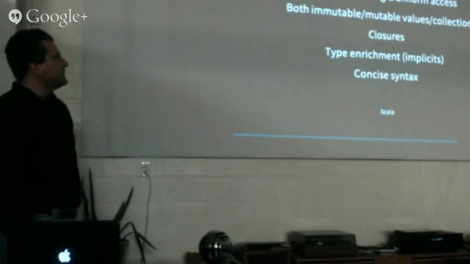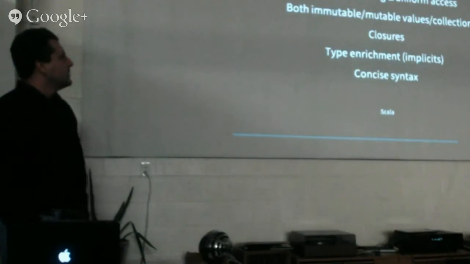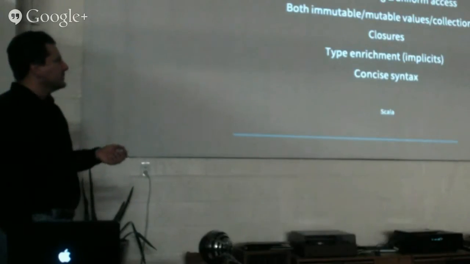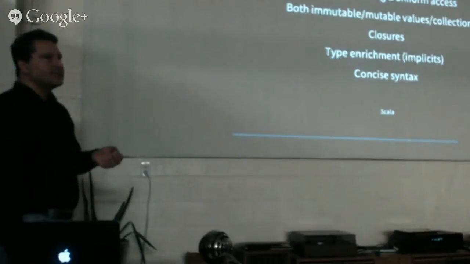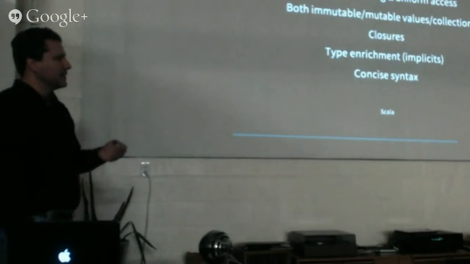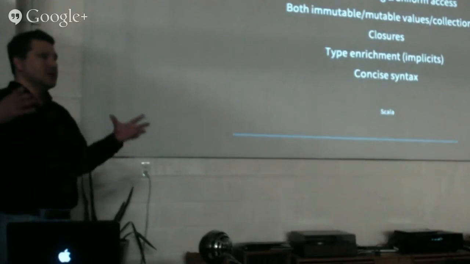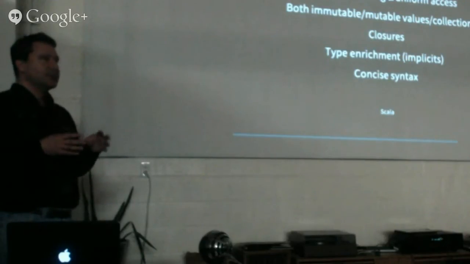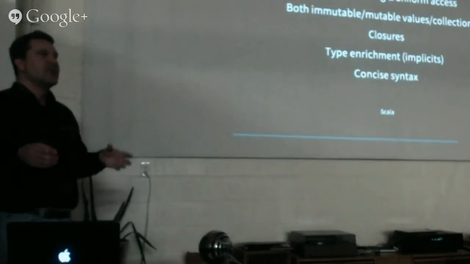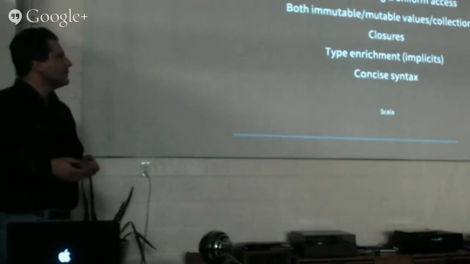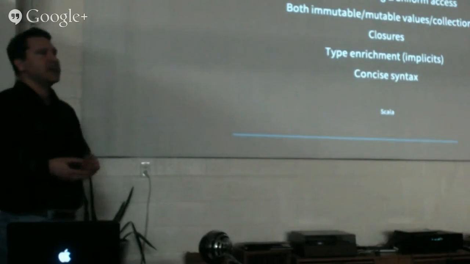I won't be able to go into much detail, but one of the things that wasn't mentioned is that it has something called type enrichment and implicits, and that's actually one of the keys to making the language different from others, in that you can get a really succinct, higher-level language with the same power, and it all is still strongly type checked.